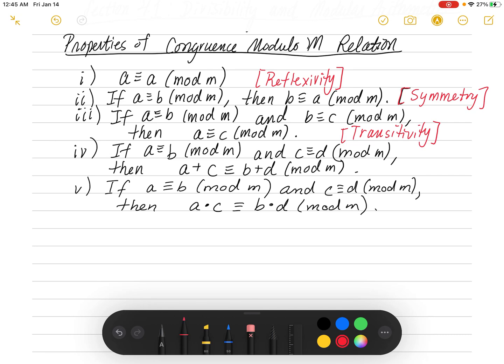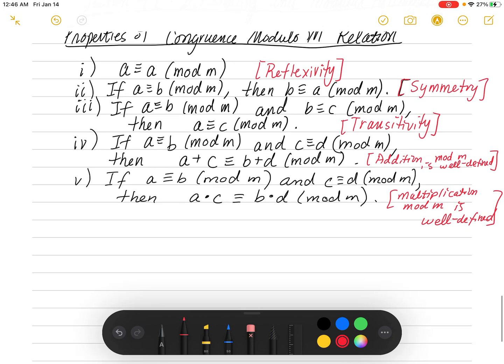As far as proper names given to these, number four, we could say addition mod m is well defined. That's a title for this property, number four. Addition mod m is well defined, and number five, multiplication mod m is well defined. So those are some names for these properties.